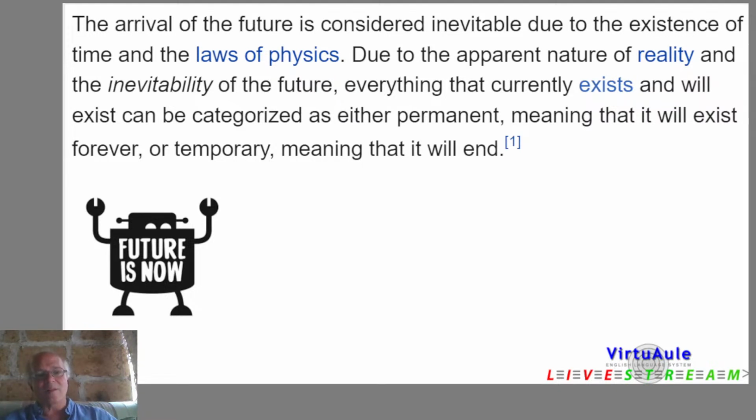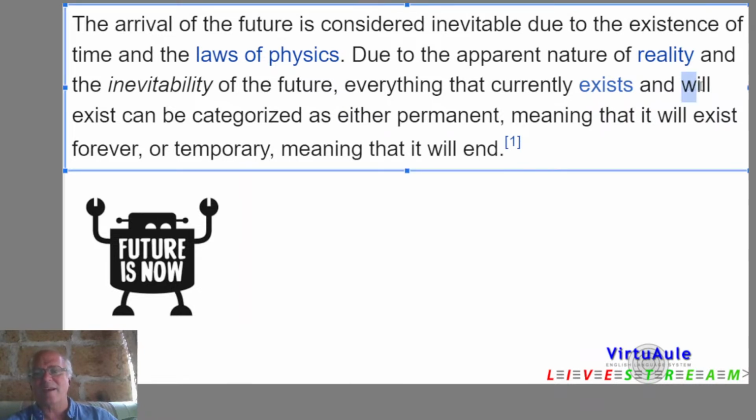So we have will. That's actually repeated a couple of times. Will here and will here. It will end. So we have some linguistic considerations talking about, again, how complicated it is really to think about the future.